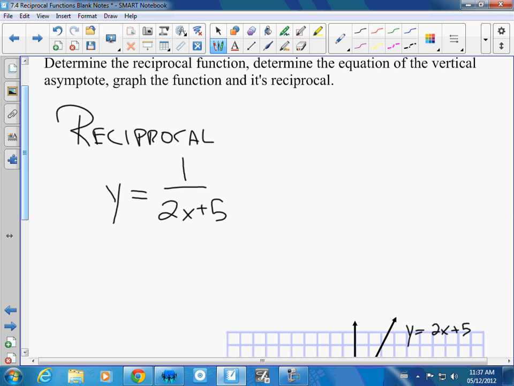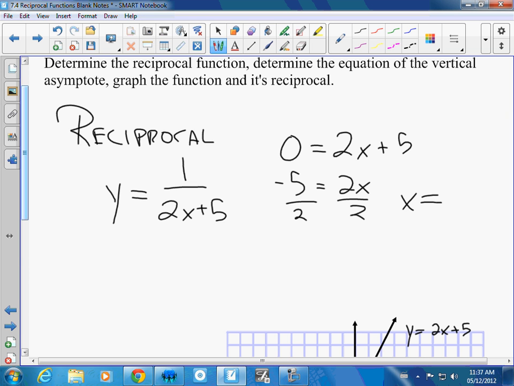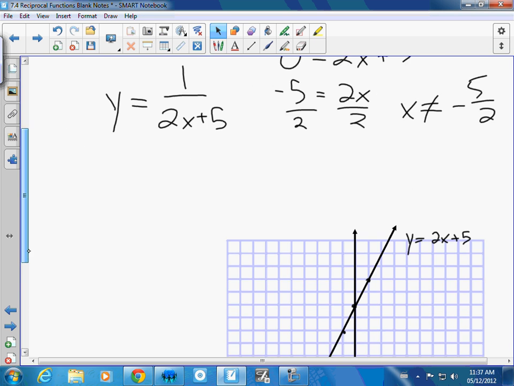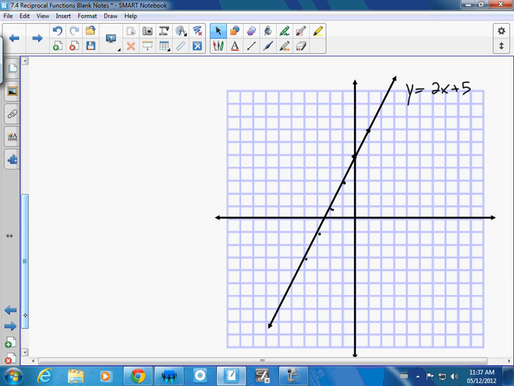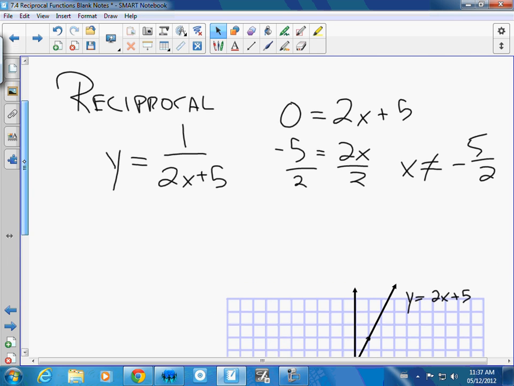You take it and set it to 0, so 2x plus 5 equals 0. Move the 5 over, it becomes negative. So 2x divided by 2. What could x never be? Negative 5 over 2. Now if you look at the graph, hang on. Look at the graph. We just did the work, it's right there.